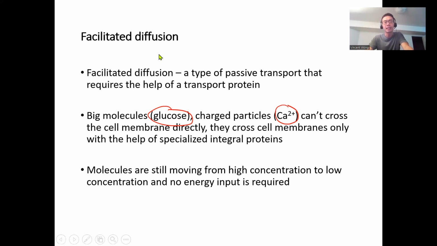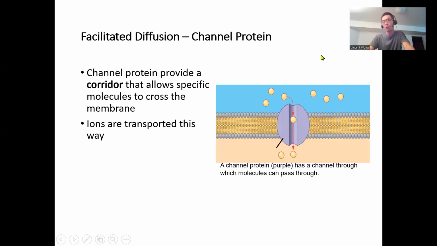Okay, so facilitated diffusion is still a type of passive transport, but it will require the help of a transport protein, a membrane protein. The molecule is still going from high concentration to low concentration, but it needs a little bit of help to pass through the membrane. So the help comes in two forms.